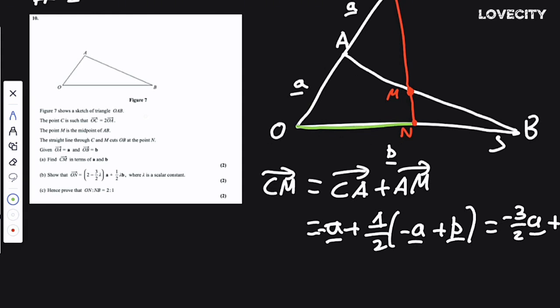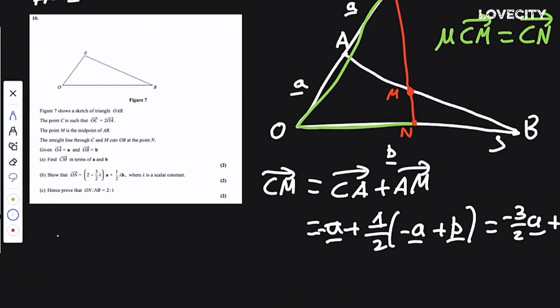Well, we could go up to C, and then down to M, down to B, and then to N, but that's quite tricky. Or we could go up to C and use the fact that C to N is sort of like an extension. So it's kind of like lambda multiplied by CM. And I'm actually not going to use lambda because I don't know if this constant is going to be incorrect. So I'm going to actually use mu. So I'm going to say that mu times CM is equal to C to N.